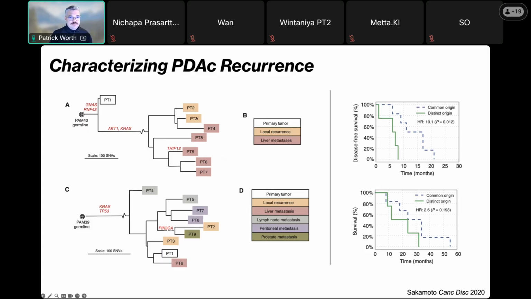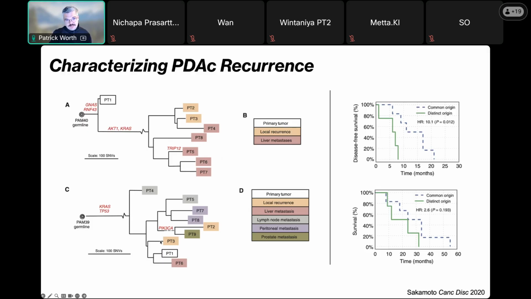Interestingly, in this top dendrogram, you can see that the primary tumor has these originating mutations, but that subsequently the local recurrence and the liver recurrence seem to arise from cells that recurred along the same lineage.